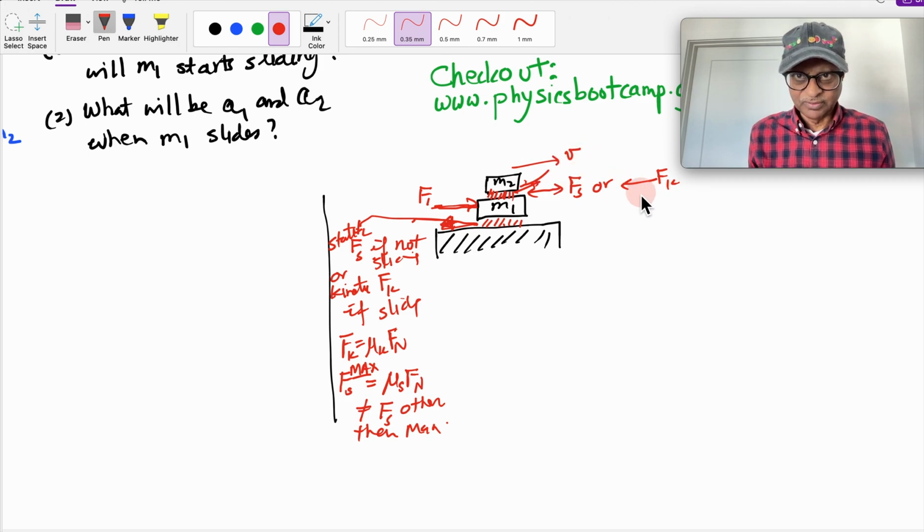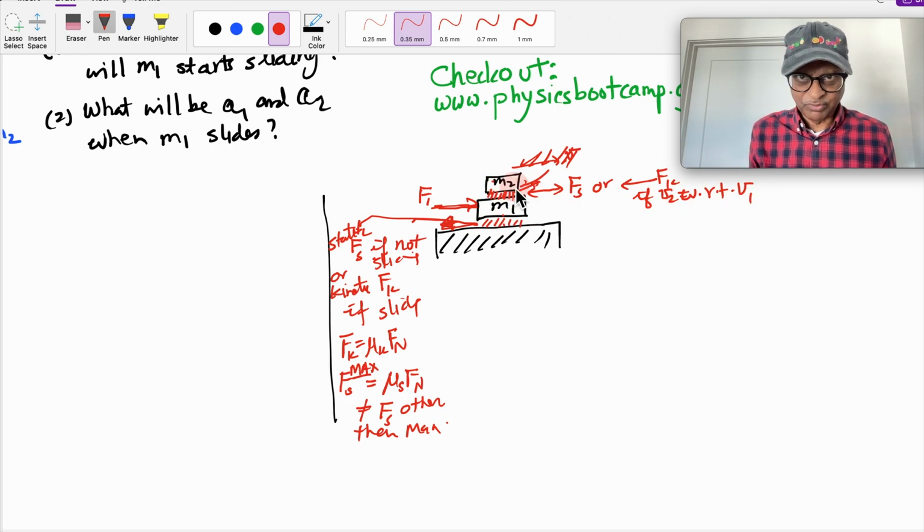Then V of 2 with respect to V1, V can move. This is misleading. This can move but with respect to 1.